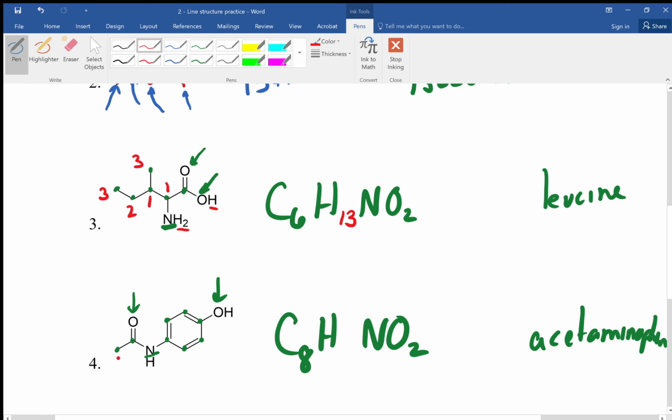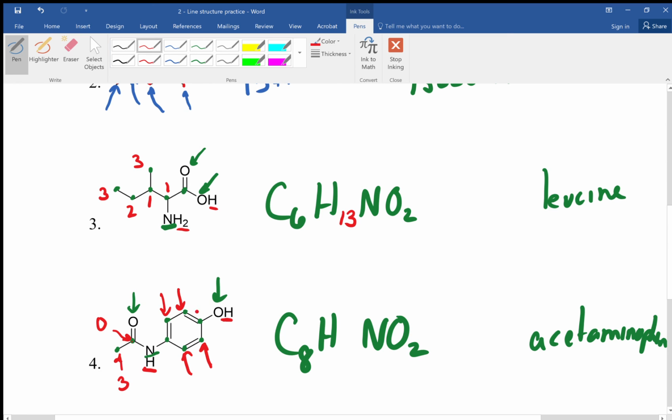Same thing in part D. We have 3 here. This next carbon has none because we can already see 4 bonds. We have the 1 on the nitrogen, the 1 on oxygen. Then each of these carbons in the ring are all very similar. They have a double bond to another carbon, and they have a single bond to another carbon.